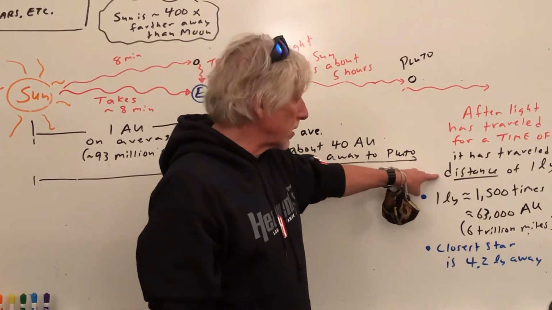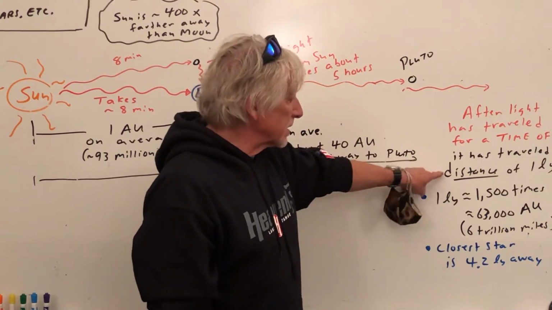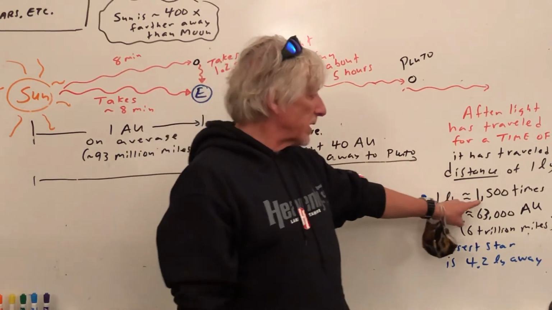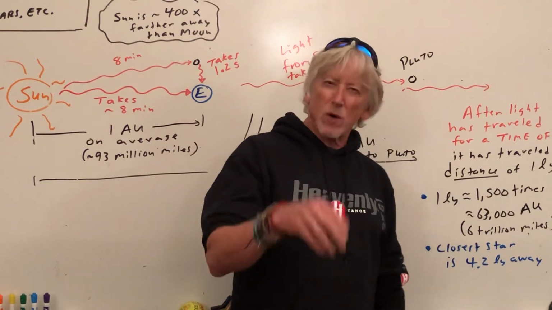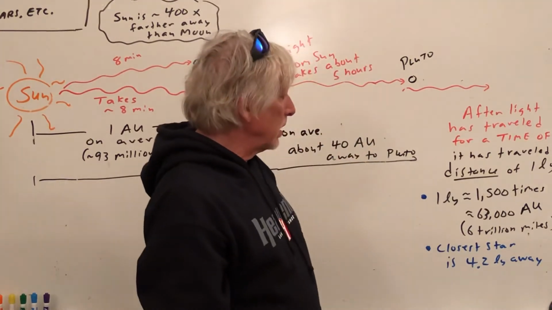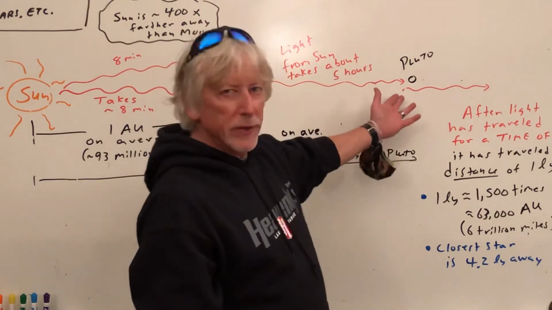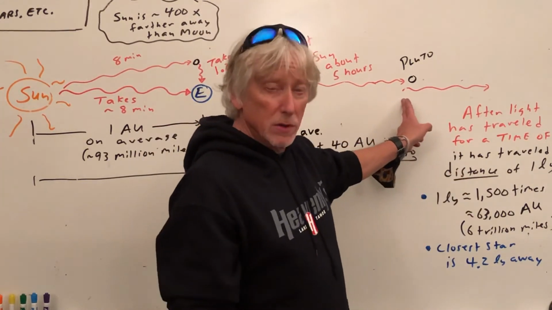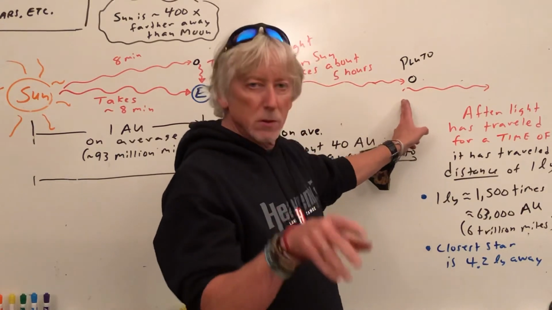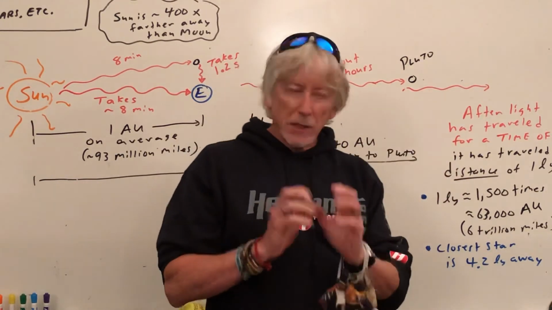I mean, that alone is crazy. A distance of 1 light year is about 1,500 times farther than Pluto. I'm not going to give you exact, just rough numbers, easy to remember, right? I mean, Pluto's already way out there. It took us 9 years to travel there with a spacecraft. Too many numbers, so write down the basic numbers.